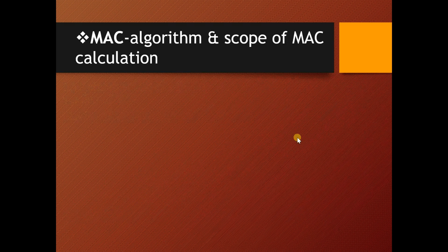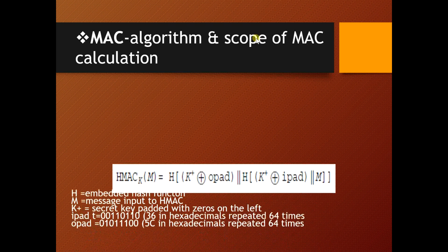Then coming to the message authentication code. The two differences between the SSL version 3 and the TLS MAC schemes are the MAC algorithm itself and the scope of the MAC calculation. In this case the TLS makes use of the HMAC algorithm.